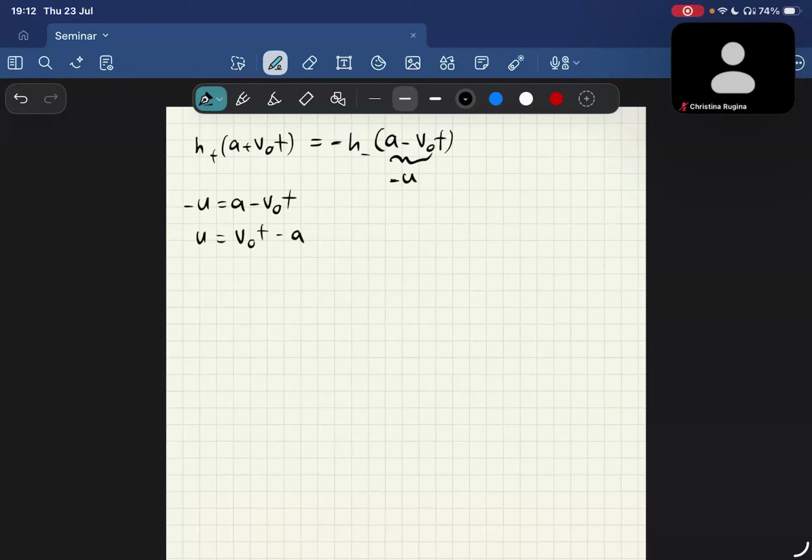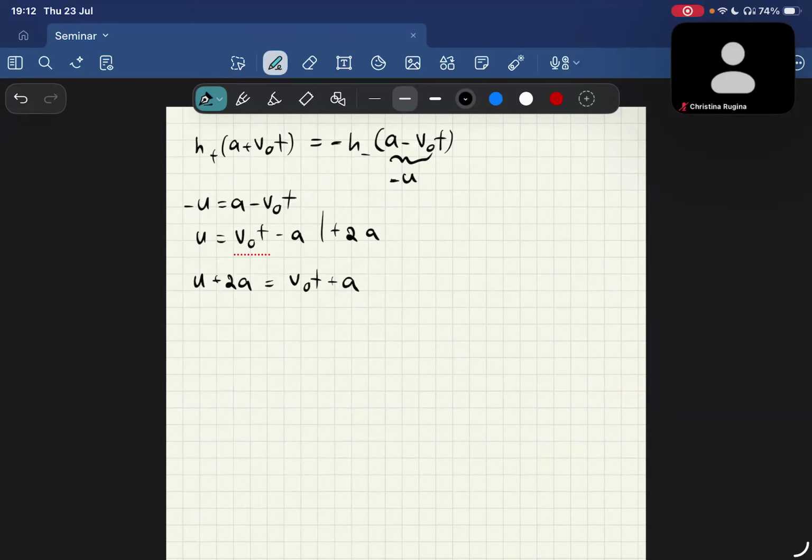But this term doesn't really appear anywhere in our condition here. So to get something that we know, we just add another 2a. So we get u plus 2a is equal to v0 t plus a, which is the term of h plus.